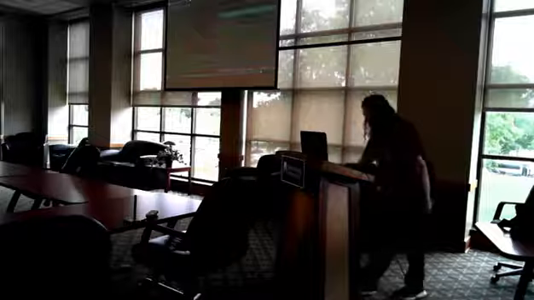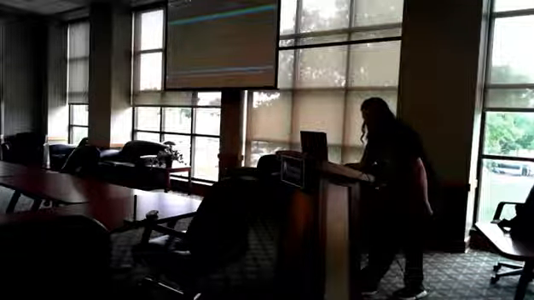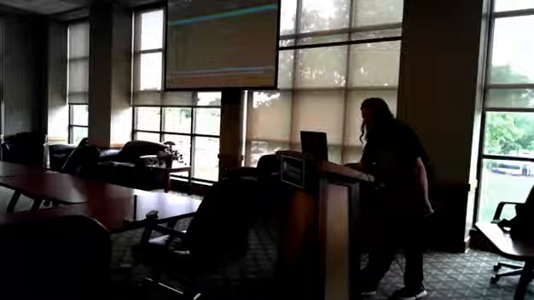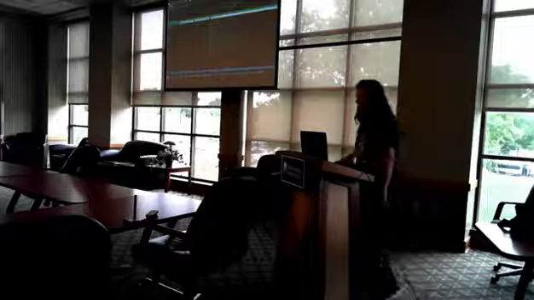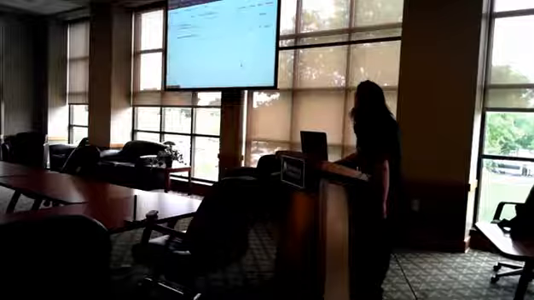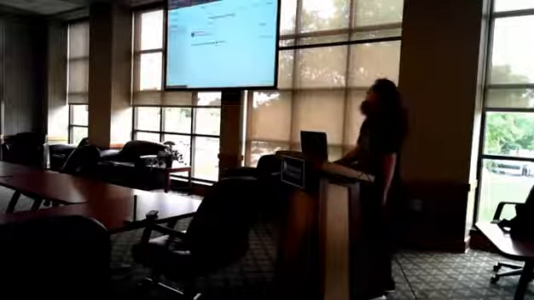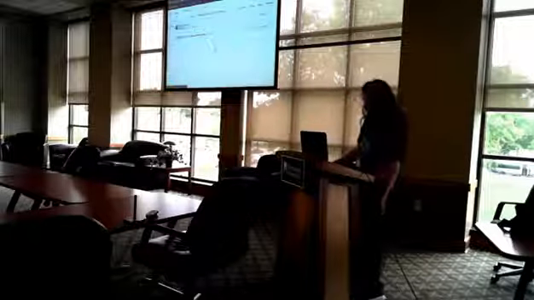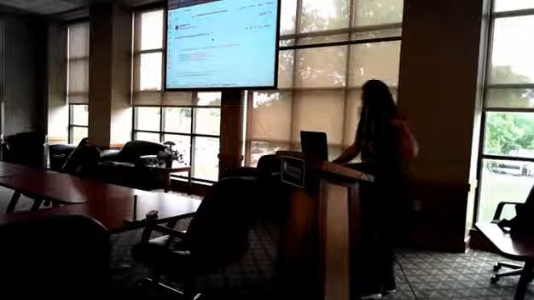So you can verify that against my key. These are two cheat sheets that I created with different GPG related commands. And after this, I'm going to go on to metadata analysis.